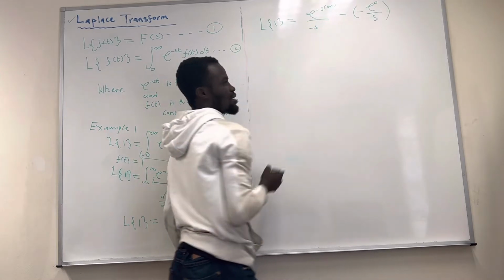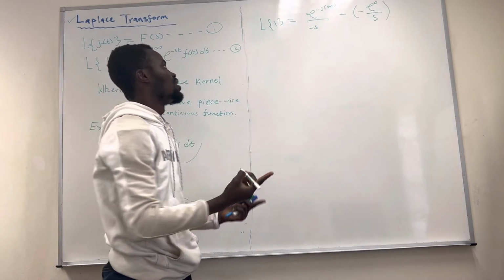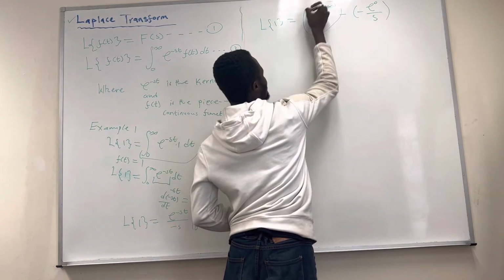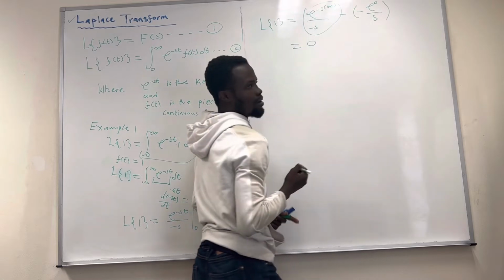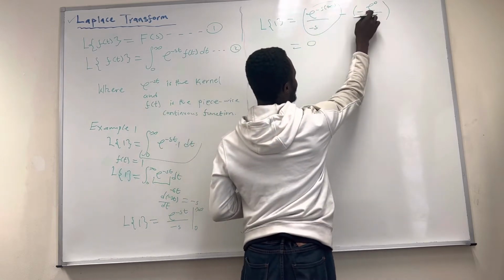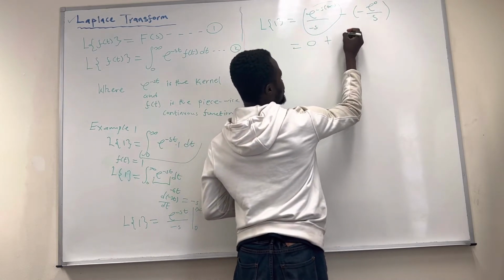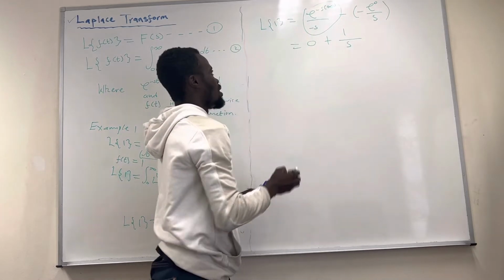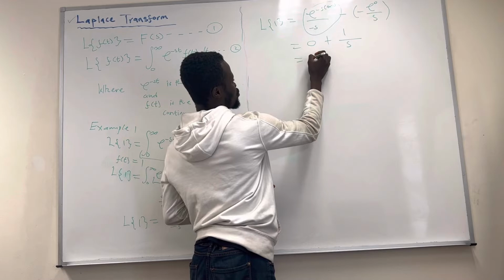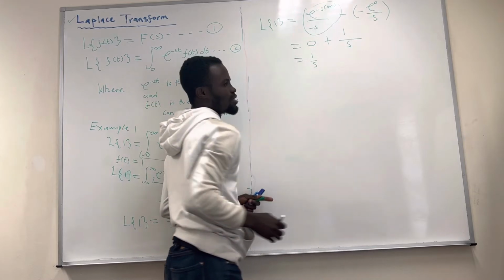Now, as t goes to infinity, this whole thing becomes 0. So we have e to the power 0, and any number raised to the power 0 is 1. So negative negative, which is positive, we have 1 over s. So now the Laplace transform of 1 is 1 over s.